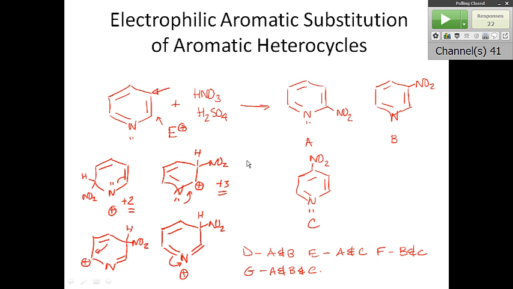So, based on number of resonance structures, where would the NO2 go? Is it going to go here? Or is it going to go here? What? Meta to the nitrogen. Based on the number of resonance structures, it would go meta to the nitrogen.